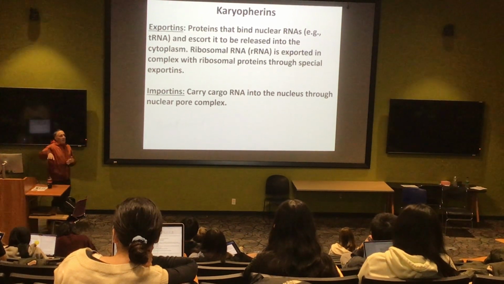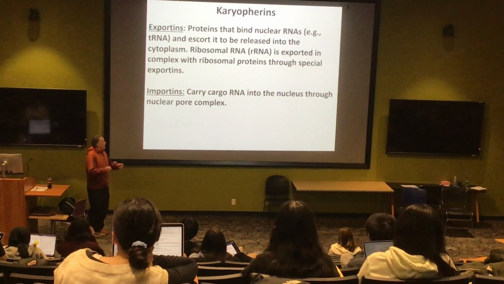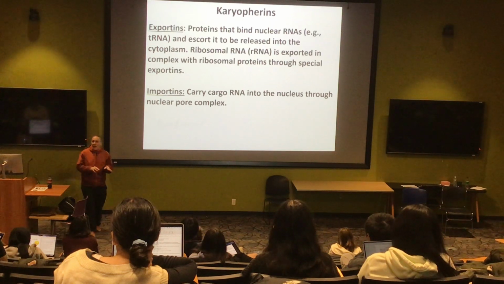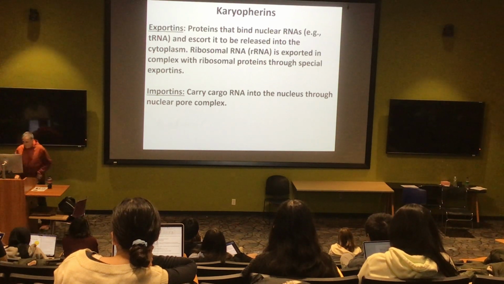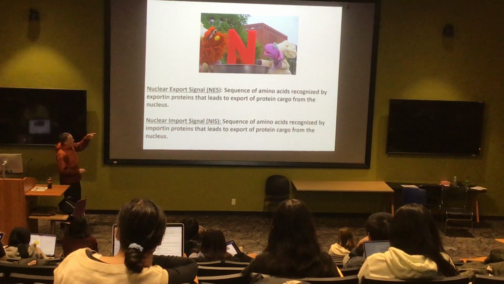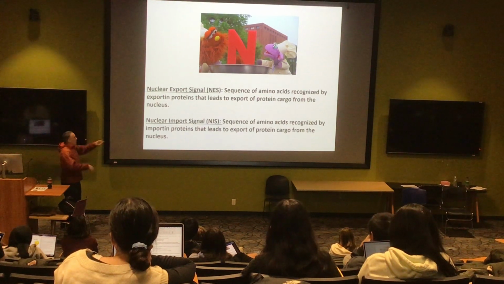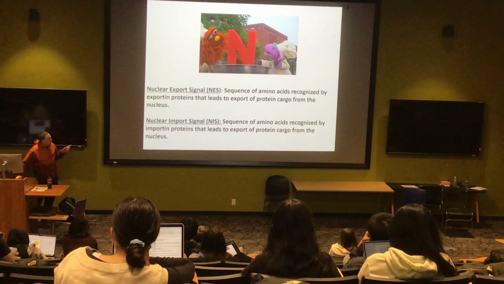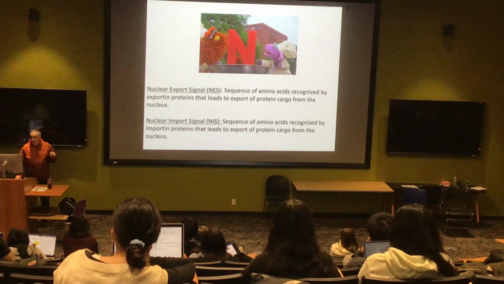So if you have an RNA in the cytosol, say, and you want to get it into the nucleus through the nuclear pore complex, you need a protein that it binds to, and that protein should have a nuclear localization signal. Again, these are the signals: the nuclear export signal means go out; the nuclear import signal brings the sequence back in; and the nuclear import signals are much more highly conserved.